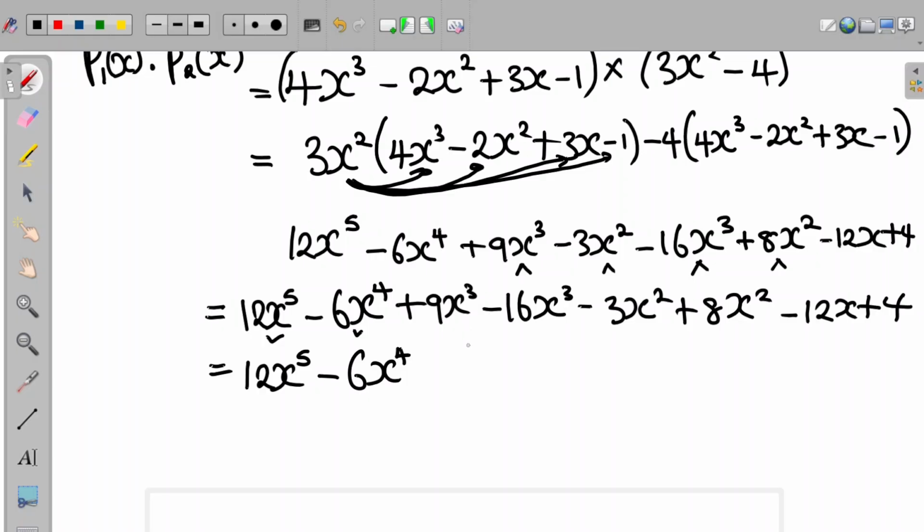Now, 9x³ minus 16x³ is equal to minus 7x³. Minus 3x² plus 8x² is giving us plus 5x² minus 12x plus 4.